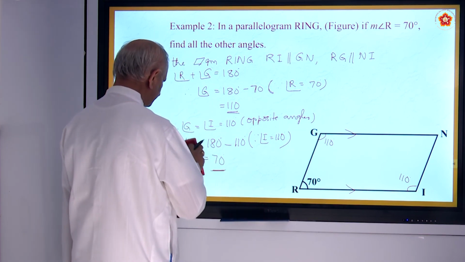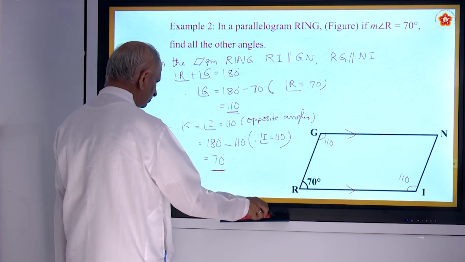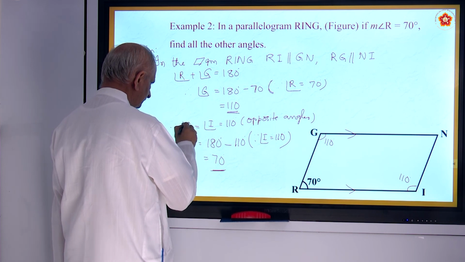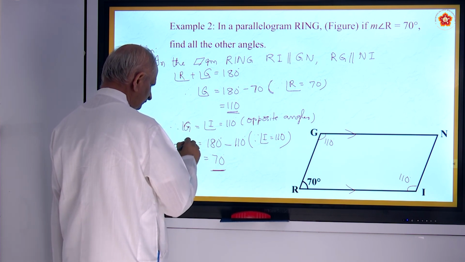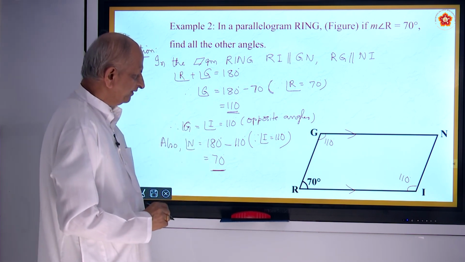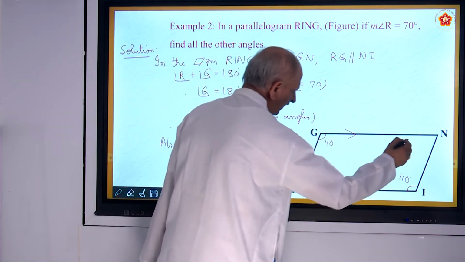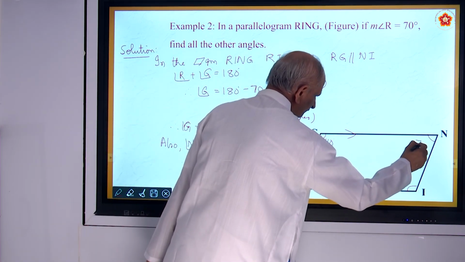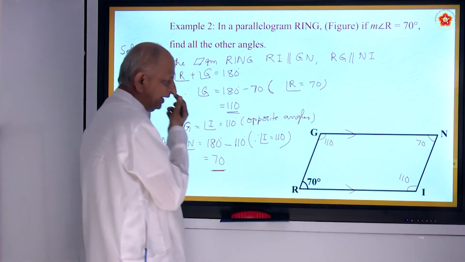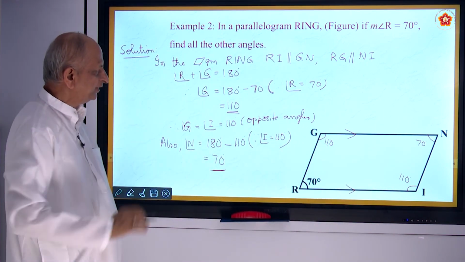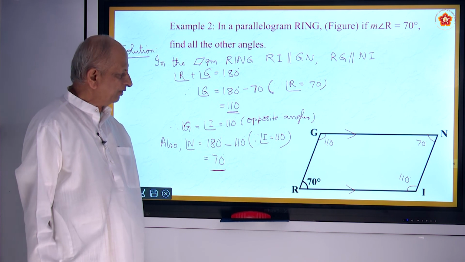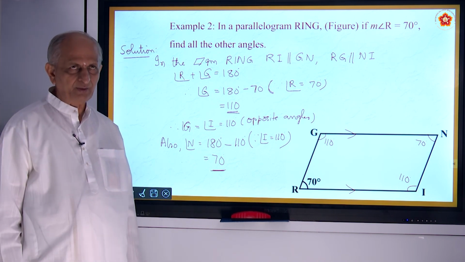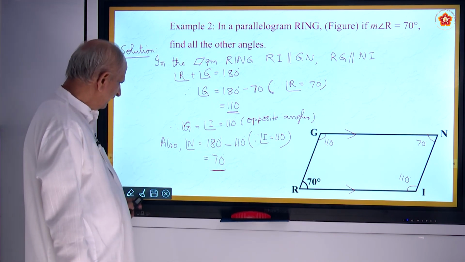This is N, angle N is equal to 70 degrees. So, N is 70, I is 110, opposite angles are equal in a parallelogram. So, all this is answered. Now, note it down, come on, we will pass on to the home assignment.